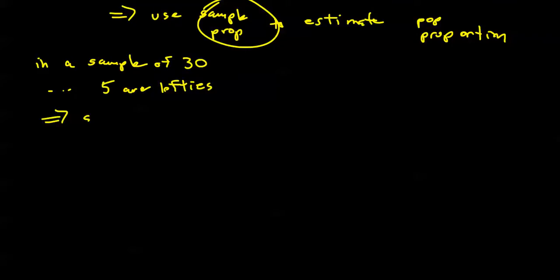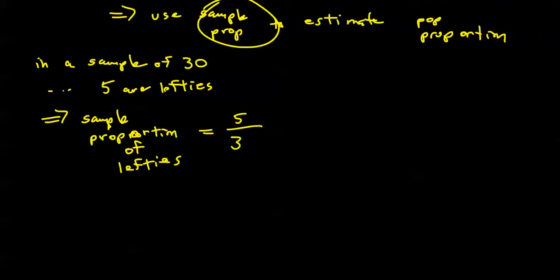So the sample proportion of lefties is just my number of lefties divided by the total number in the sample, and that turns out to be 0.167.